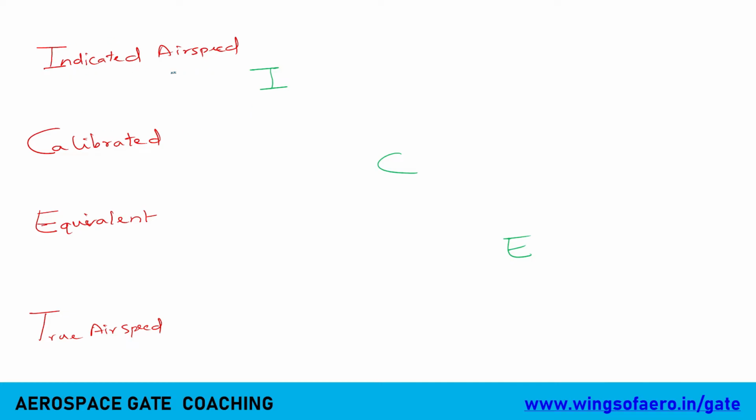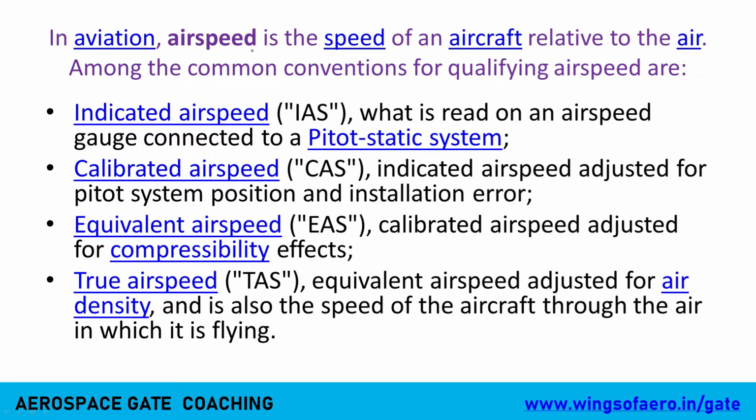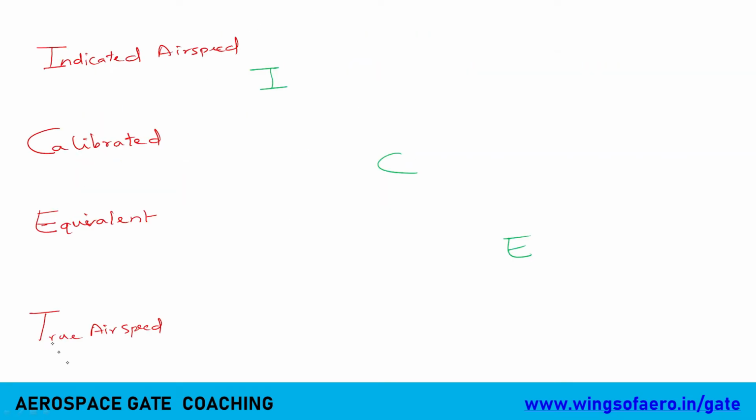Now after it measures that value, what does indicated airspeed do? Let's see here. It reads the gauge, or measures whatever value there is.